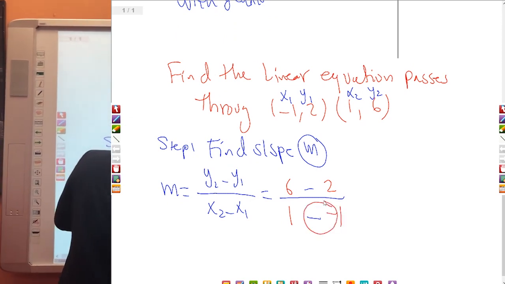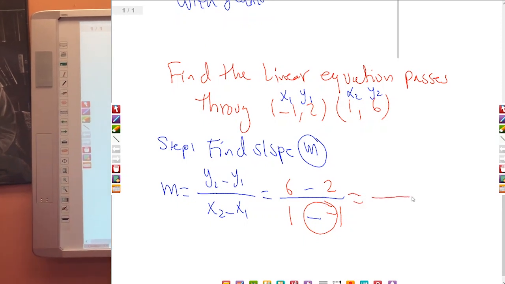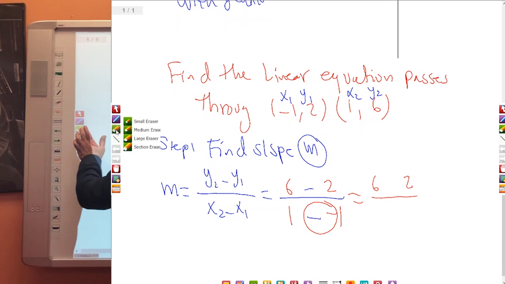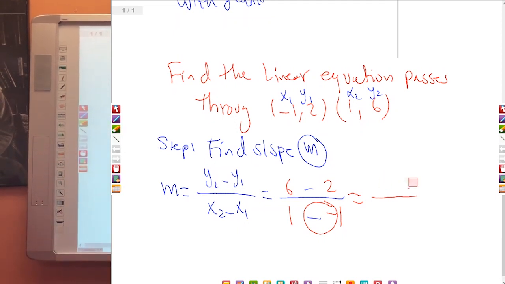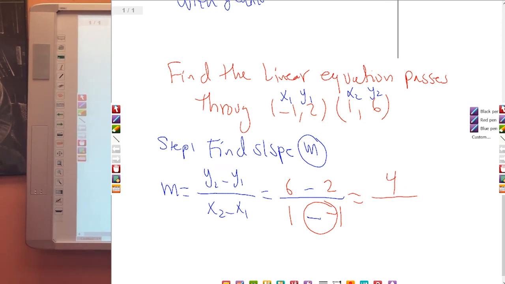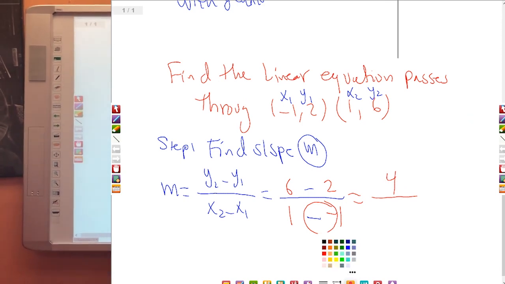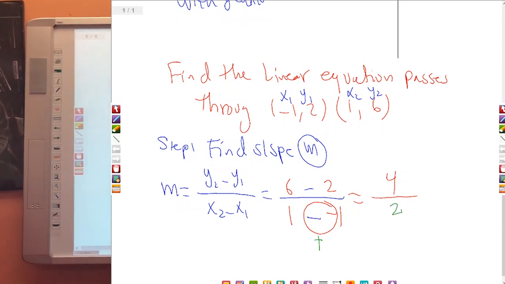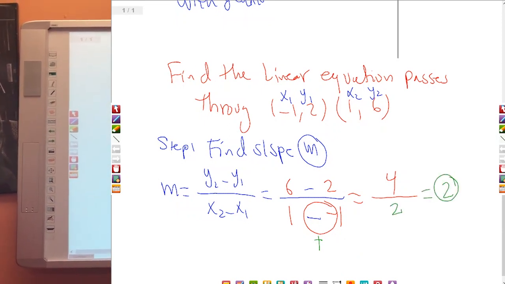Remember, negative and negative is positive. 6 minus 2 is equal to 4. But here, these two become positive, so 1 plus 1 is 2. This is my slope.